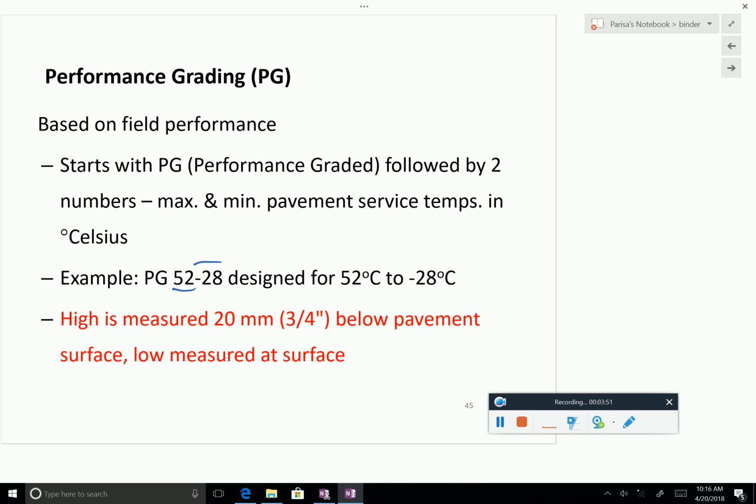And the high temperature is measured a little bit below the pavement surface, and the cold temperature is measured on the surface. So when you are talking about asphalt PG 52-28, that is an asphalt which is good to be used from negative 28 degrees centigrade to 52 degrees centigrade.